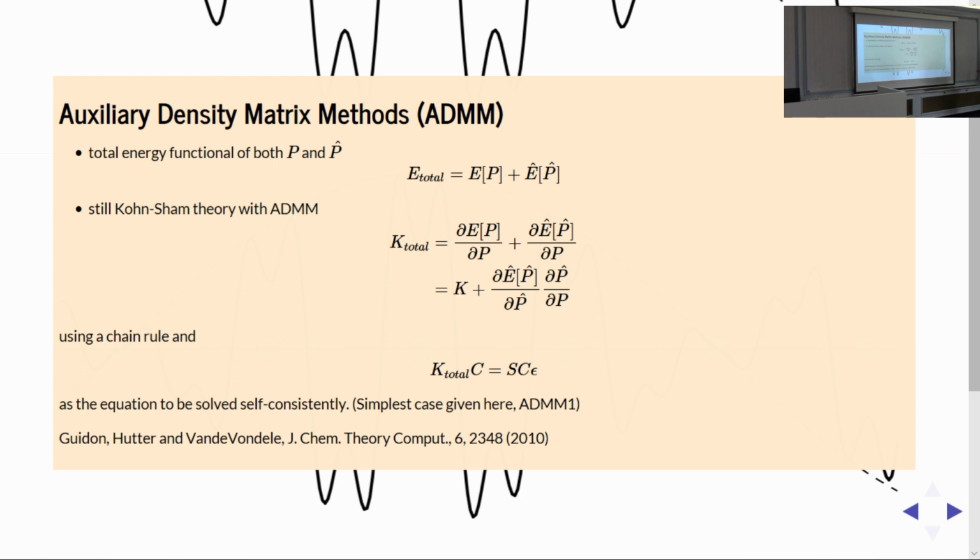A sort of technical note here. So now the total energy is going to be the energy coming from the full density matrix and the bit coming from that Hartree-Fock energy in the auxiliary density matrix. Using the chain rule and the derivative of the auxiliary density with respect to the full one, we can actually create a Kohn-Sham matrix that is what we would get from the full one plus this mixed term.